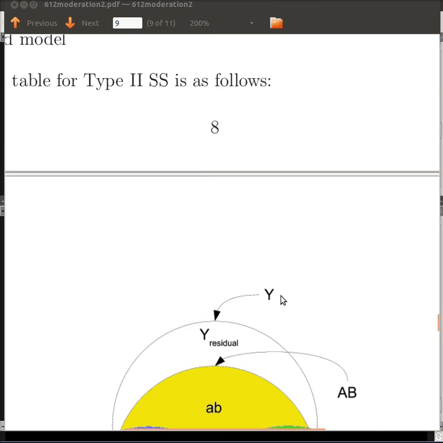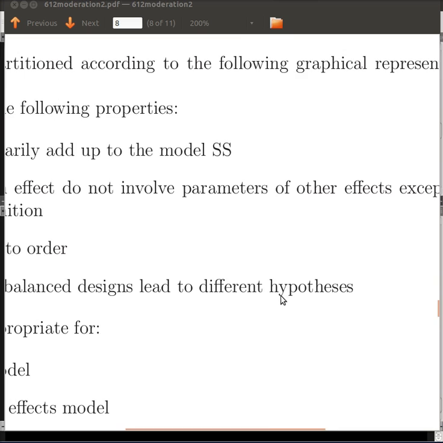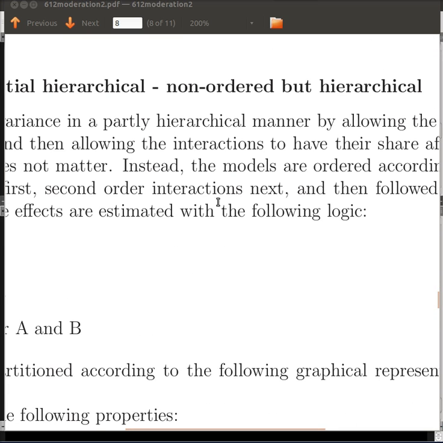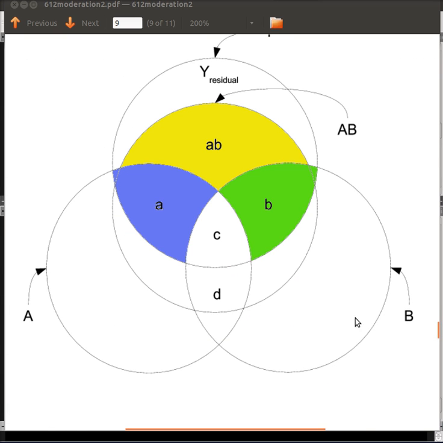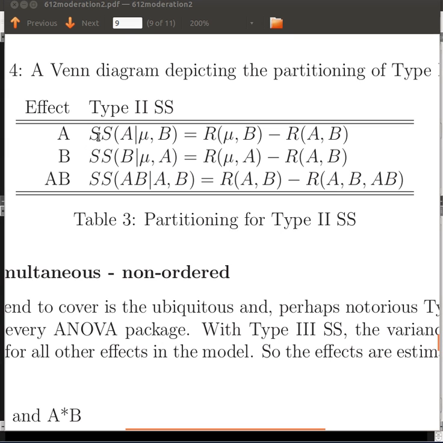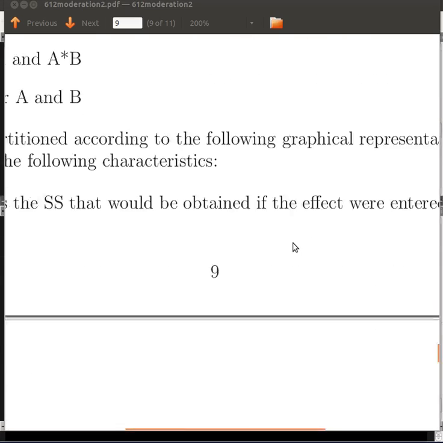And so this is oftentimes referred to as type 2, or non-ordered but still hierarchical. Within the main effects, there is no preferential treatment, but between the main effects and the interaction, there is preferential treatment. And again, you can see that this is the partitioning for the sums of squares.